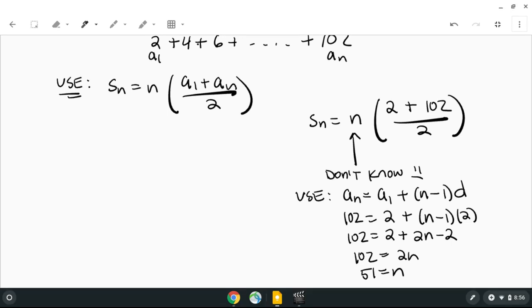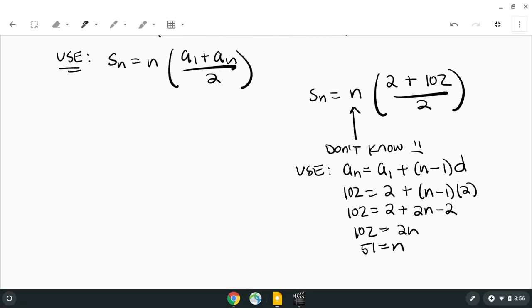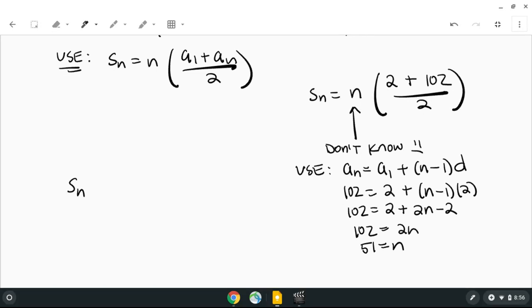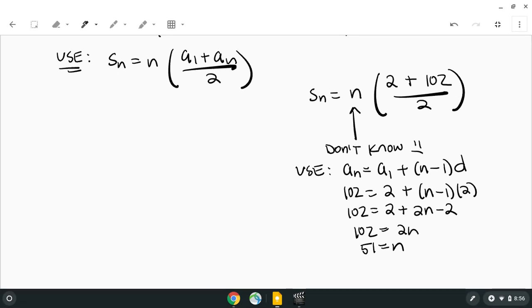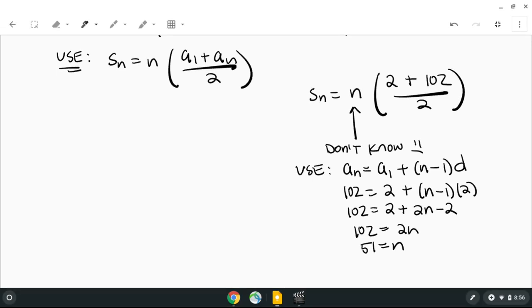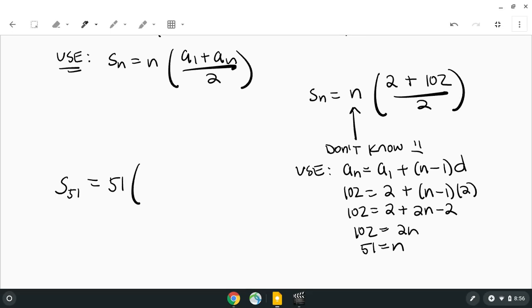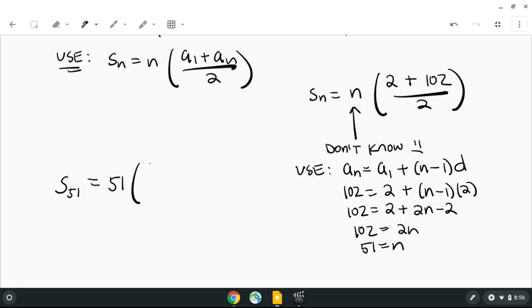All right, going back to our formula, Sn. n is 51, so S51, the sum of the first 51 terms, is going to equal 51 times 2 plus 102, divided by 2.